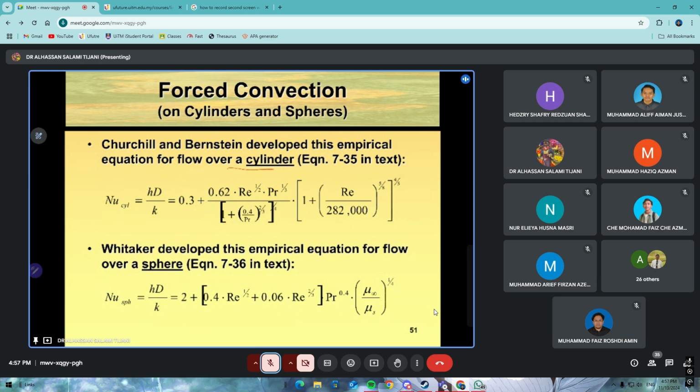So whenever you have a cylinder and you want to find the Nusselt number, you need to use this equation. But bear in mind that we initially defined Nu equals hL divided by k. Here, because we are talking about a cylinder, the L becomes D. So whenever you have a cylinder and you want to calculate the Nusselt number, feel free to use D.